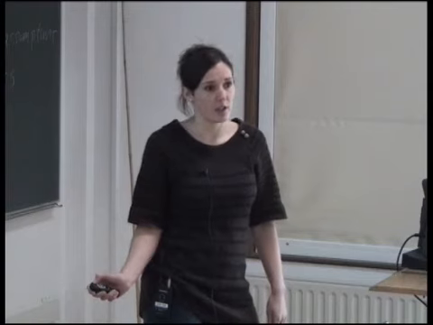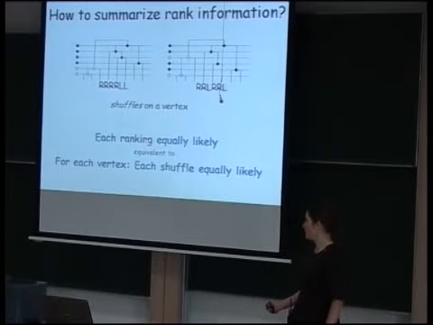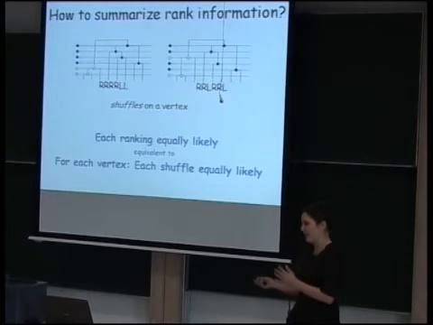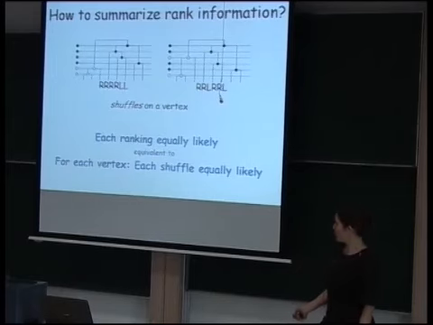And this holds because we have a one-to-one correspondence between rankings and shuffles on each vertex. So one ranking induces or corresponds to exactly one shuffle for each interior vertex. You can just write down the function basically. So then instead of summarizing all the ranking information, we want to summarize the shuffle information for each interior vertex.